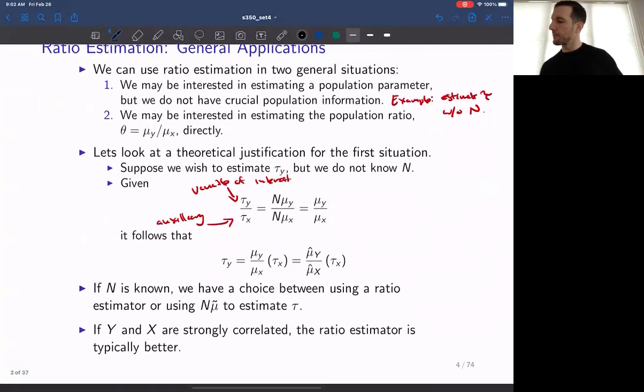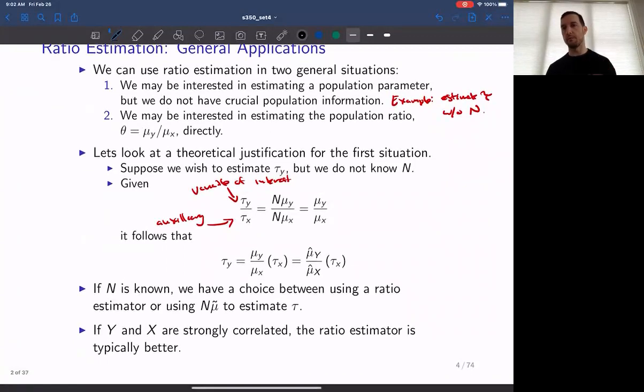All right. So ratio estimation, what is it? Why are we studying it? The main reason that we are studying ratio estimation is because it allows us to conduct inference about a population parameter when we are missing key information.